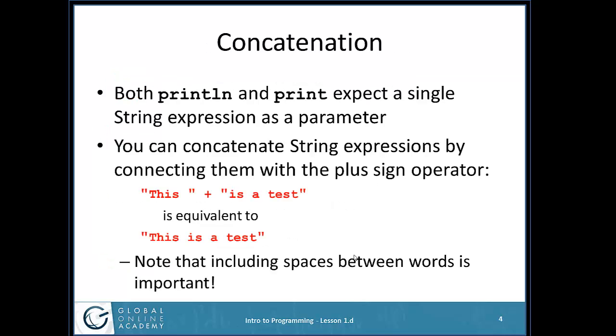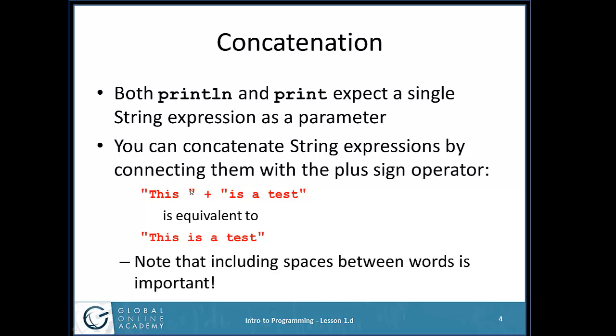Now, both println and print expect a single string expression as a parameter, but you can concatenate string expressions by connecting them with the plus sign operator, so that you put two things together and println or print treats it as if it's one particular string.